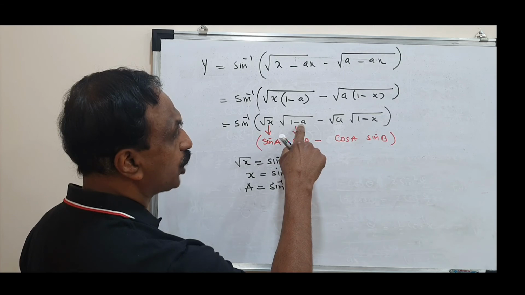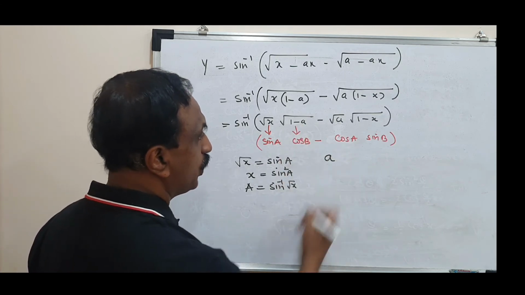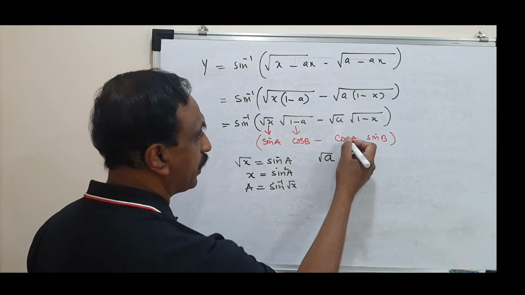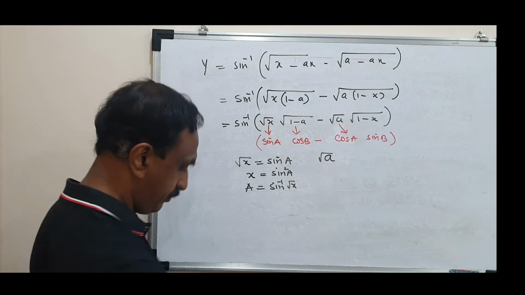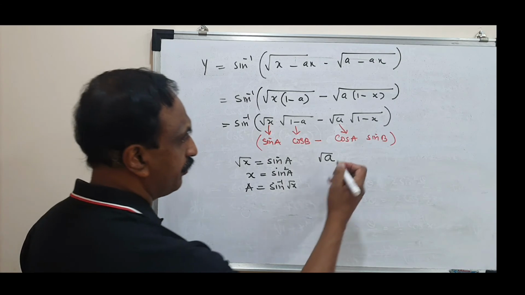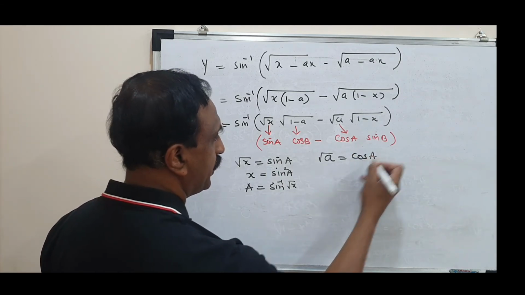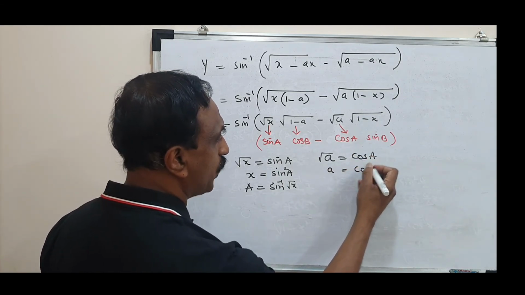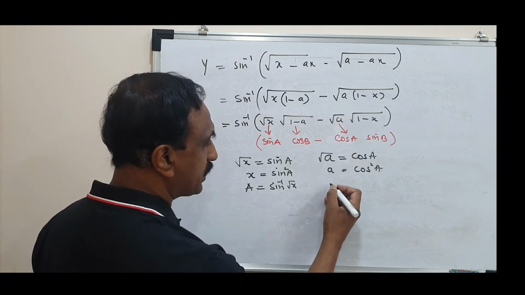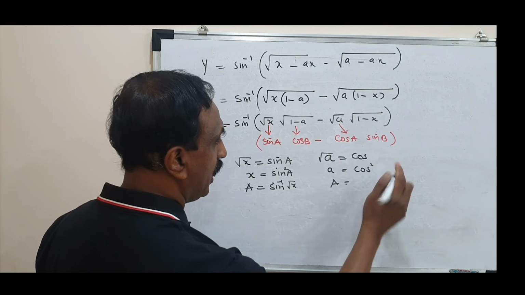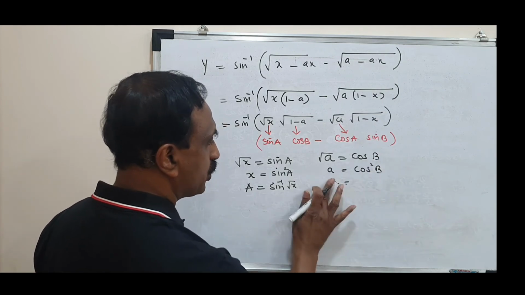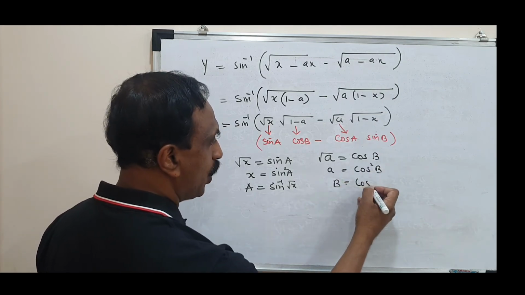I want cos b to come here, so I will replace root a by cos b. So naturally, a can be replaced by cos square b, and b is cos inverse root a.